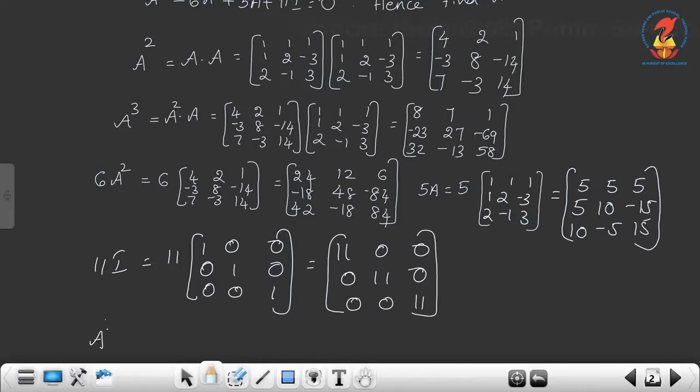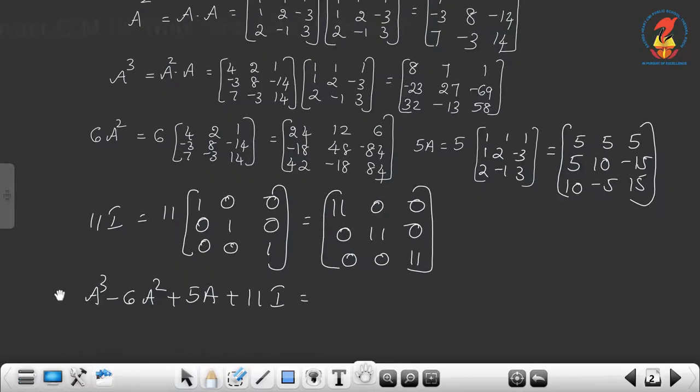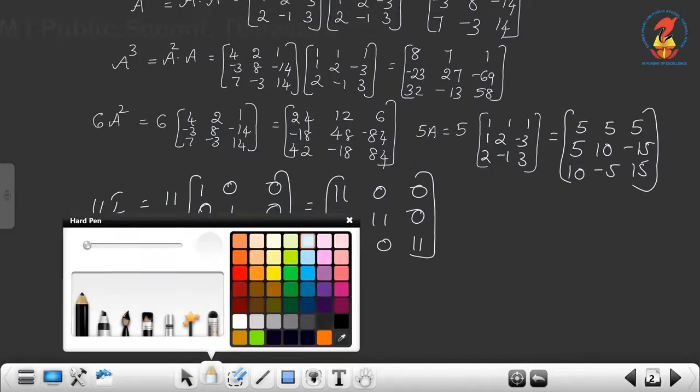Now find what is A cube minus 6A square plus 5A plus 11I. What is the value of that? Okay.